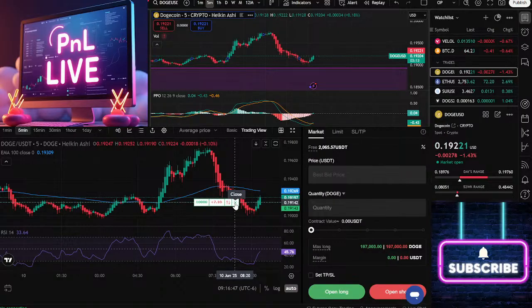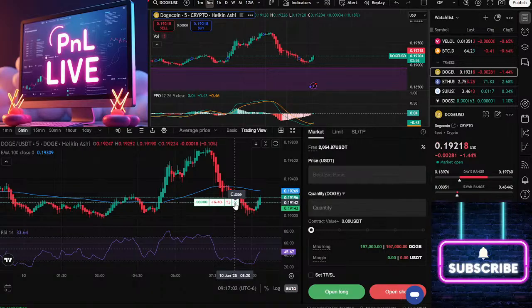Good. I'm getting up to $7 now. We got 7. And this candle looks like it's so far bigger than the last. No, it's getting there, which is good.